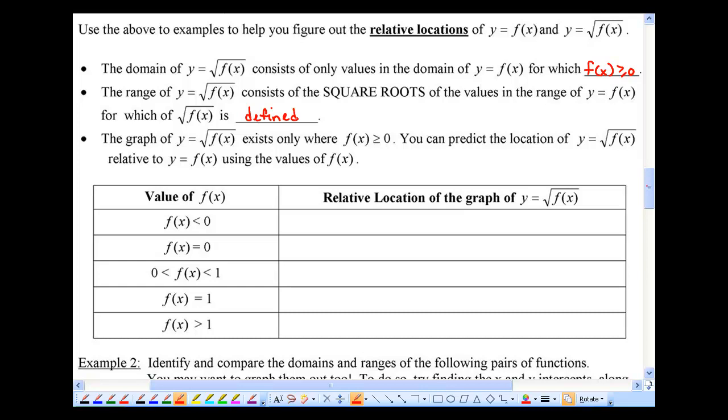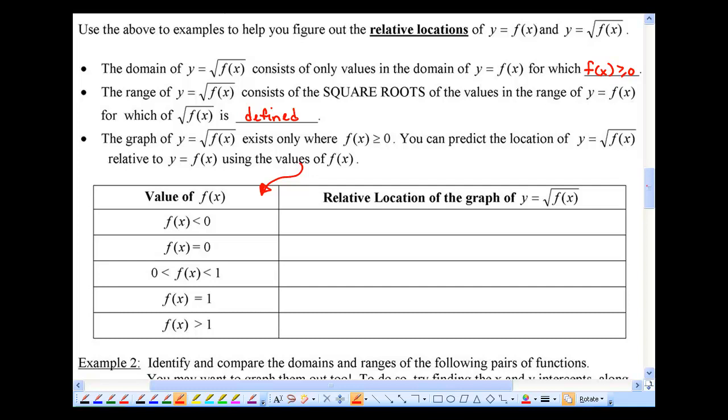And then you can predict the location of y equals root f of x relative to f of x using the values of f of x. What do I mean by that? Well, let's look at this chart below. On the left-hand side of the chart, I'm talking about the values of f of x, the original y values.